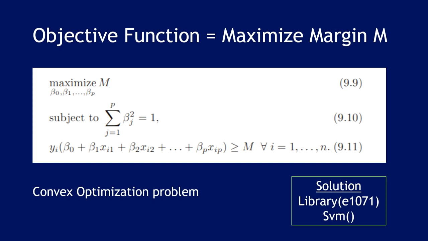And it is the dorm room number of the person who wrote up the SVM algorithm for R. So what you want to do is just call the library and run the SVM function, and that function basically implements the convex optimization solution.